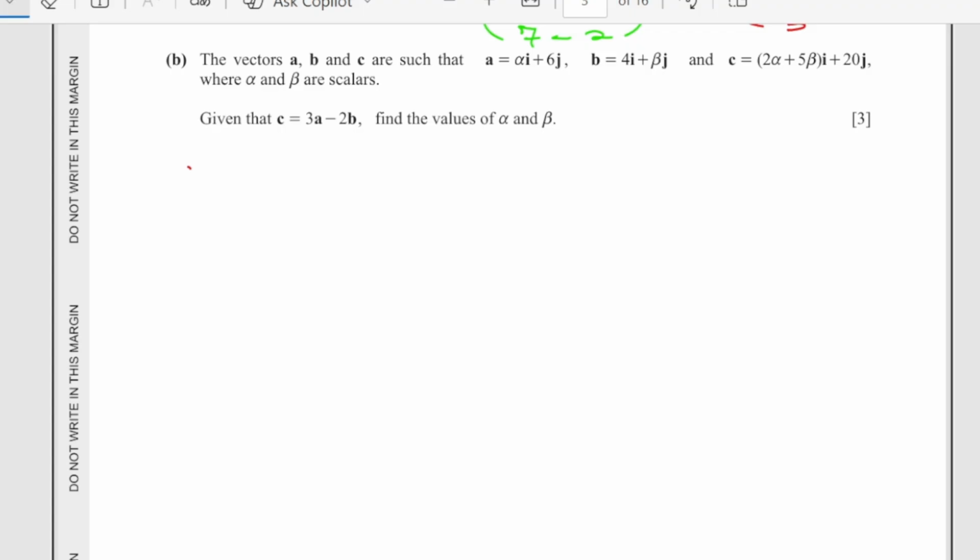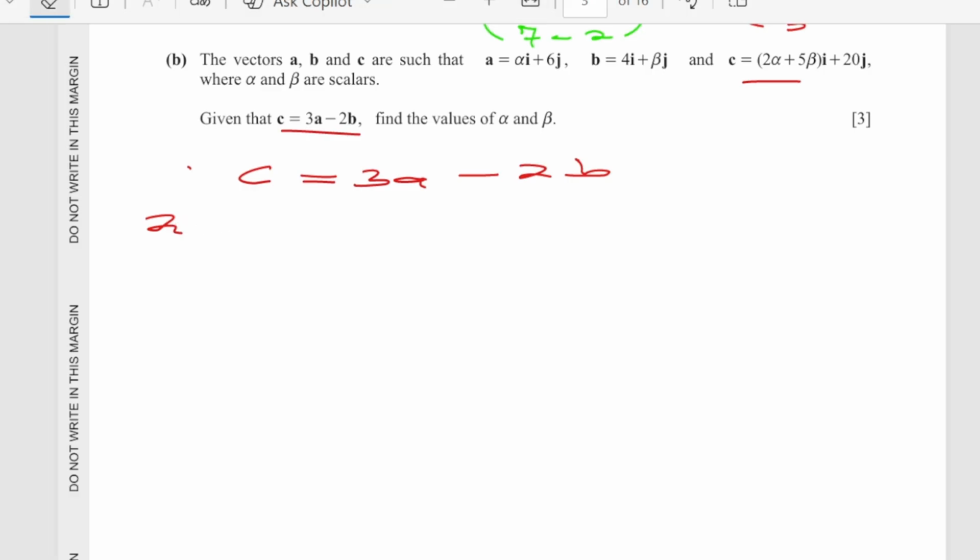This is the equation that combines the two together. So I will write it out. C is equal to 3A minus 2B. So by substitution into this, C is given here to be 2 alpha.